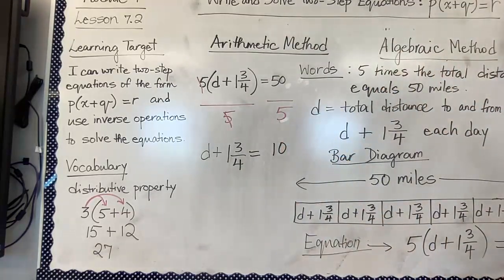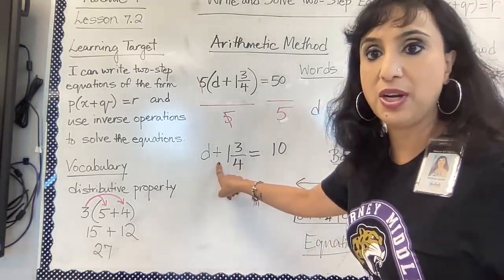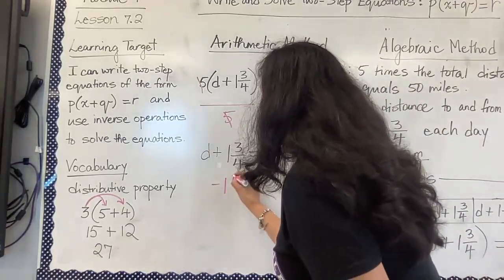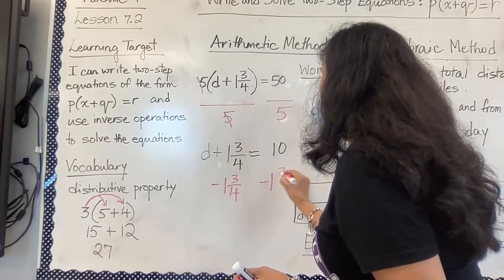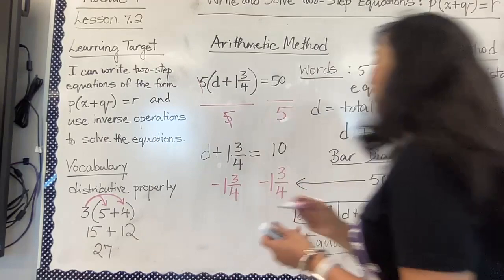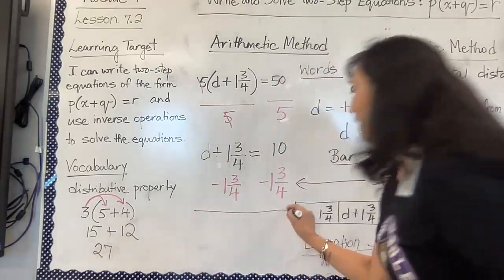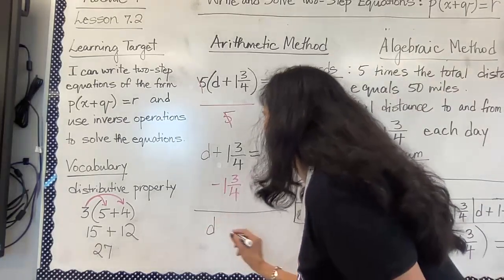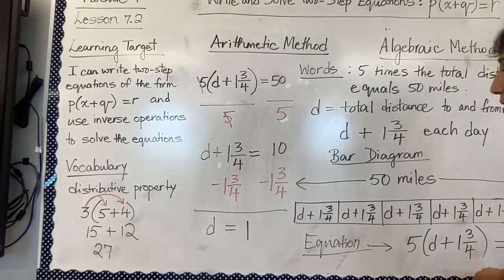Okay, and then I can see that this is addition, so I've got to use the subtraction property of equality, and I am going to subtract 1 and 3/4 from both sides of the equation. Okay, and so I am left with D is equal to 10 minus 1 and 3/4.